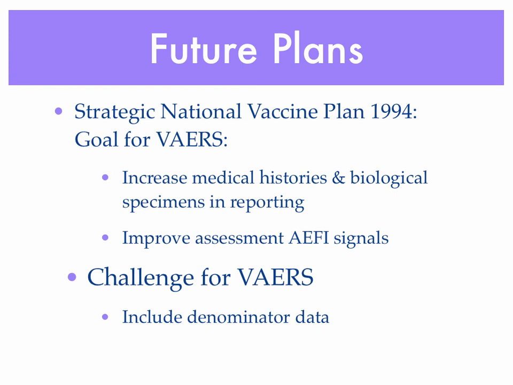So since 2008, they've been redrafting this plan, and it actually should be completed by the middle of this year in 2011. So in this plan, they have a goal for VAERS, and VAERS is a big part of this plan. One of them was to increase medical histories and biological specimens in their reporting. And another was to really improve the assessment of the adverse event from immunization, those signals that we talked about.